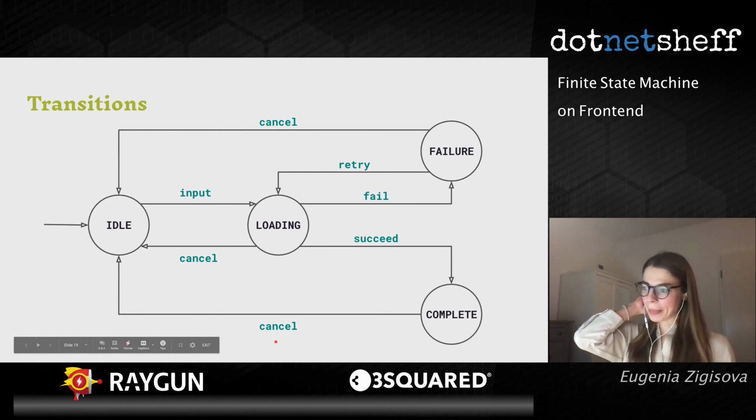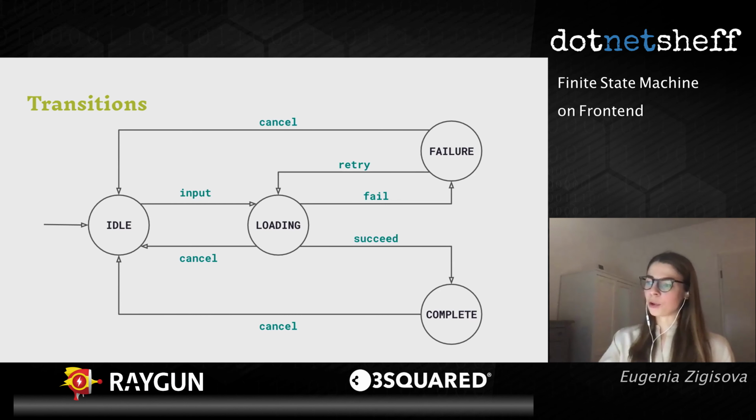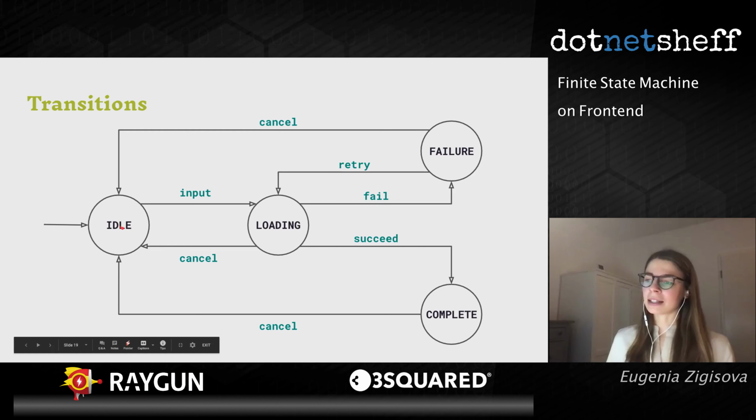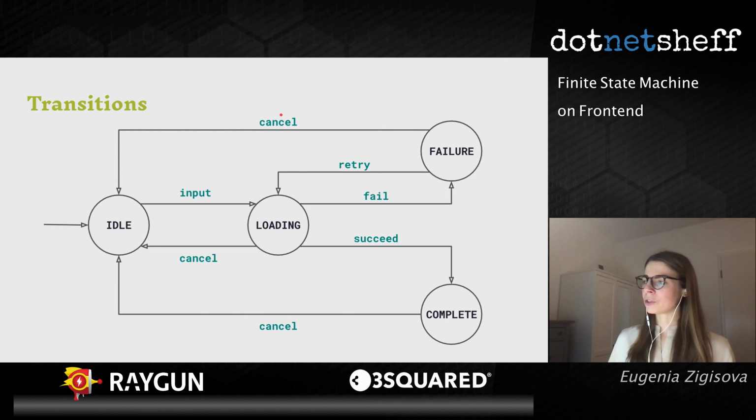And the nice thing about following this structure in your application is that there is no way you can be in idle and transition straight to complete without reaching loading. It also prevents you from triggering the cancel event and going from failure to loading. So such things are just not possible, because you haven't defined them in your state machine.